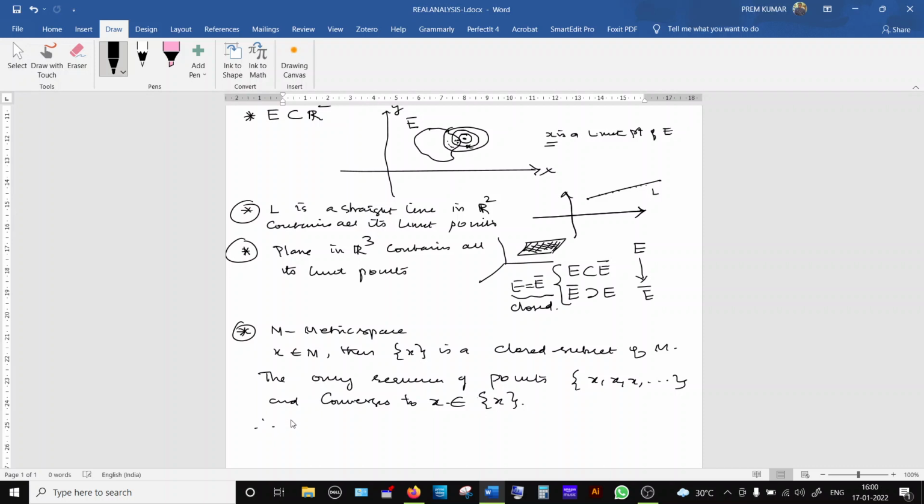Therefore the singleton set is a closed set.